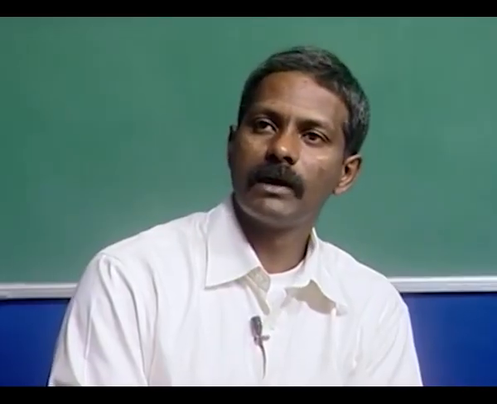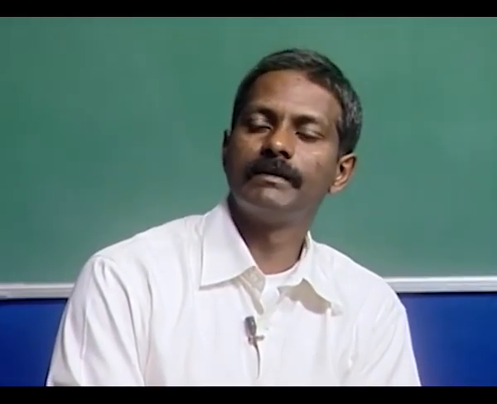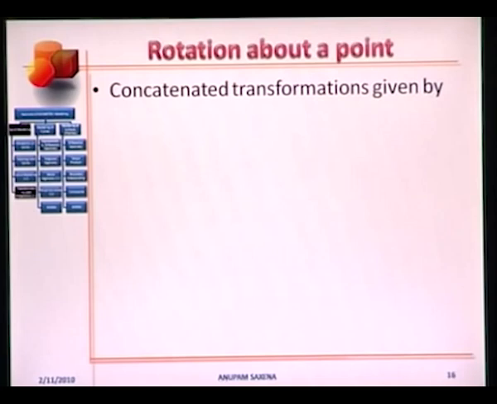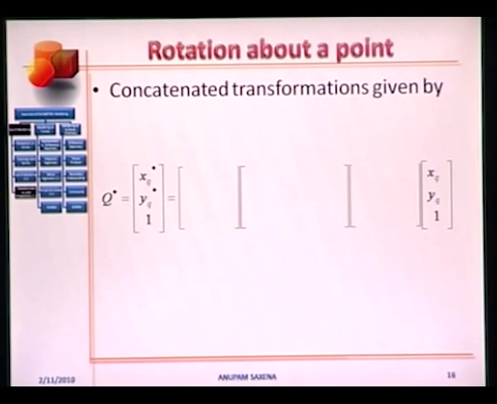If we think about arranging different transformation matrices, again, let me remind you that we are working with homogeneous coordinates here. XQ star, YQ star, and 1 are the homogenized coordinates of the new location Q star.